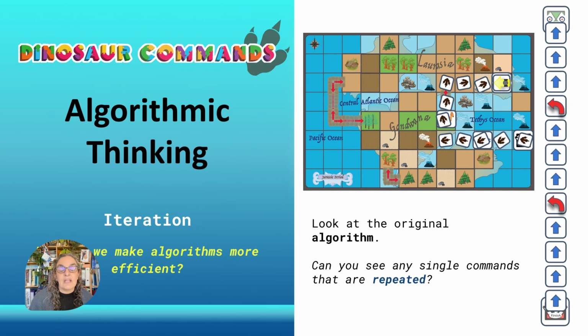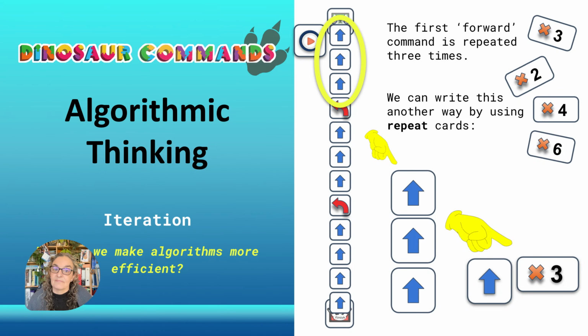If we have a look at the example on the screen, can you see any single commands that are repeated? Hopefully you noticed that, for example, the first three commands, we've got 3 move forward arrows. So what we can do is change that and use the repeat cards in the kit.